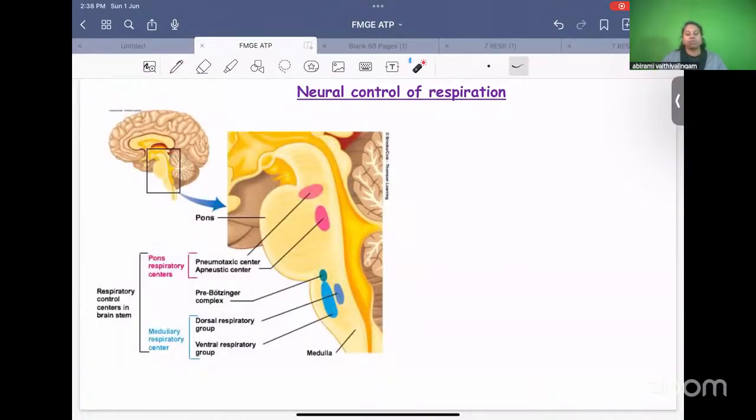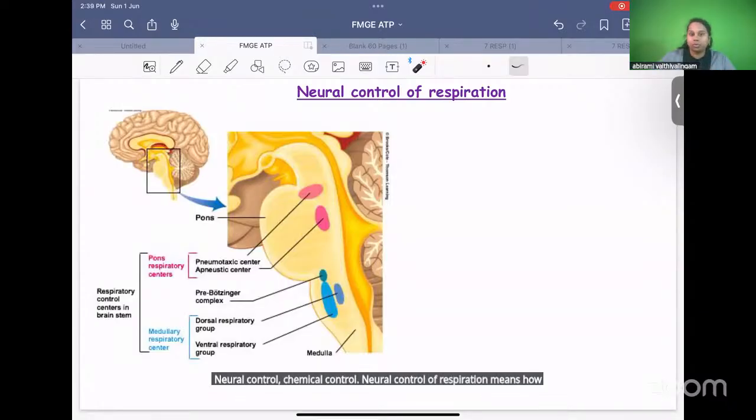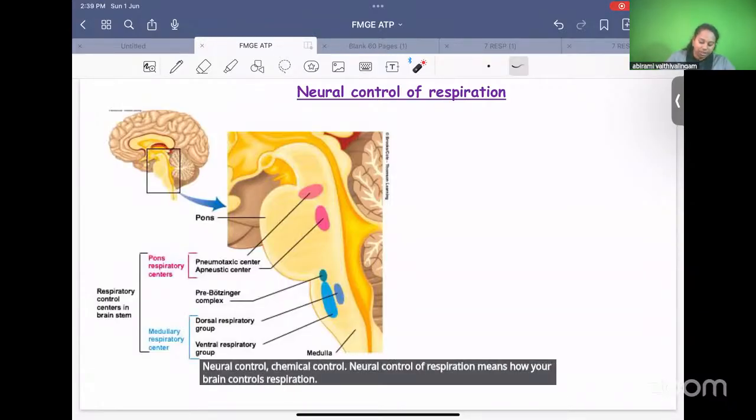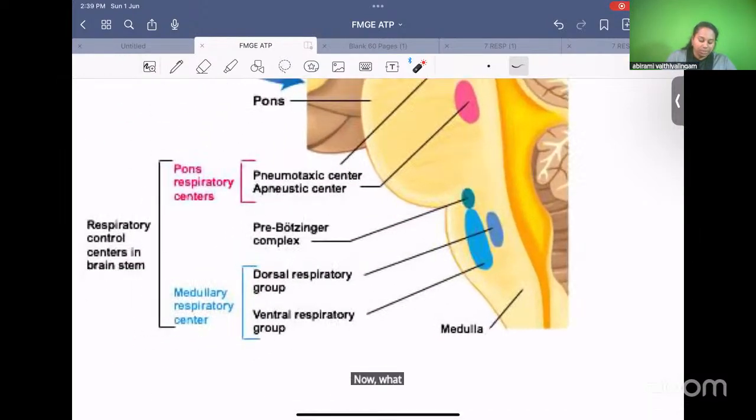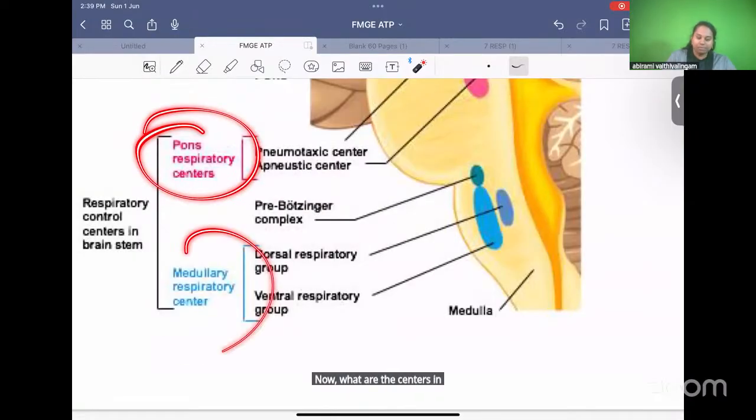Next, let's move on to regulation of respiration. Neural control, chemical control. Neural control of respiration means how your brain controls respiration. In the brain, there are pontine centers and medullary centers for respiration. Now, what are the centers in pons and medulla?